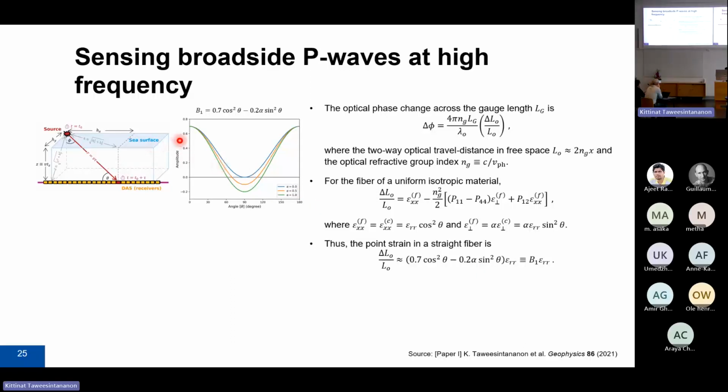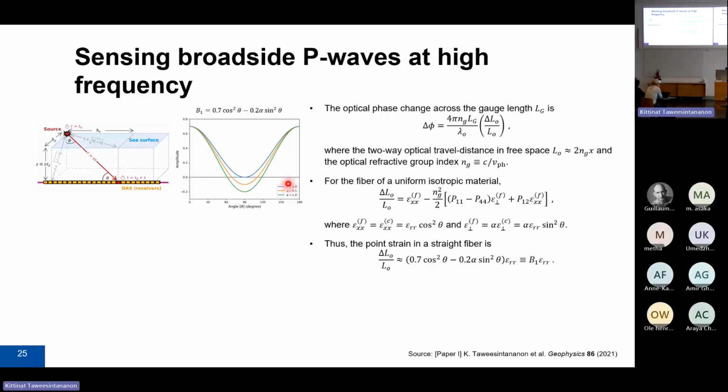You can see that if I plot the amplitude relation with the grazing angle of the wave, at where the wave propagates perpendicular to the fiber, the amplitude is quite dim. And if alpha is equal to 1, you can still see negative amplitude here. It does not totally depend on the cosine square function.